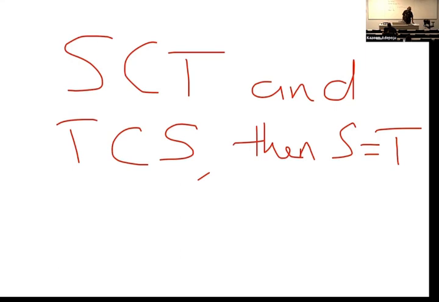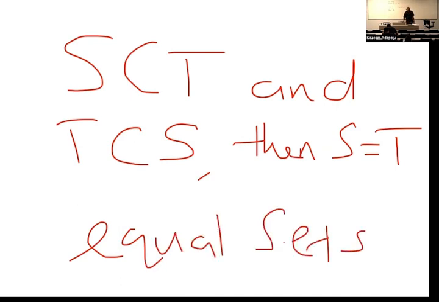Does that make sense? That is what it's trying to say. If x is a subset of t and t is a subset of x, then we have equal sets. What do I mean by equal sets? Equal sets means they have the same elements in them.